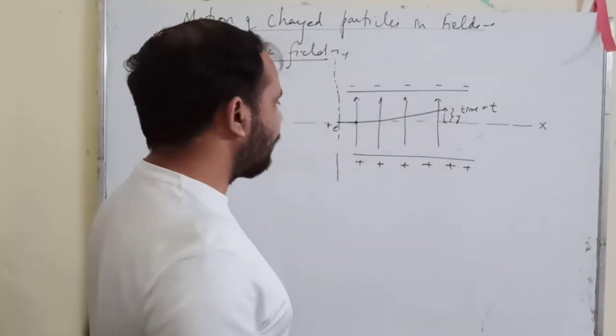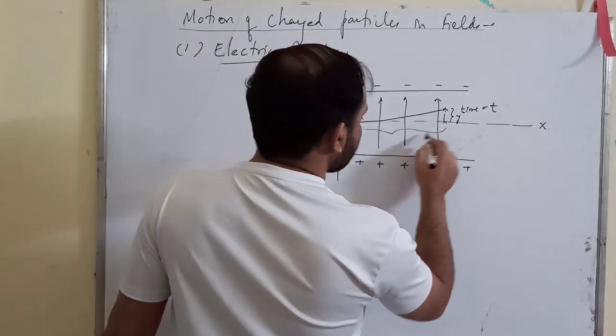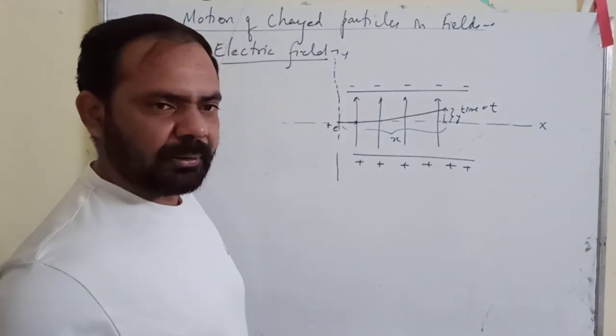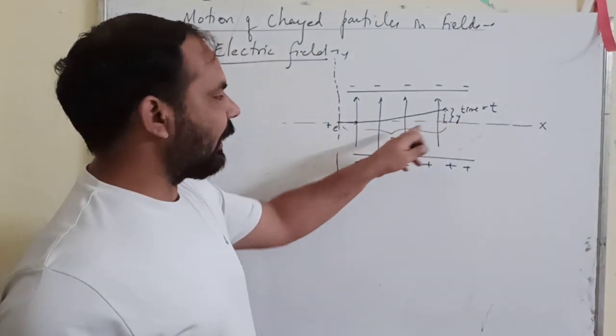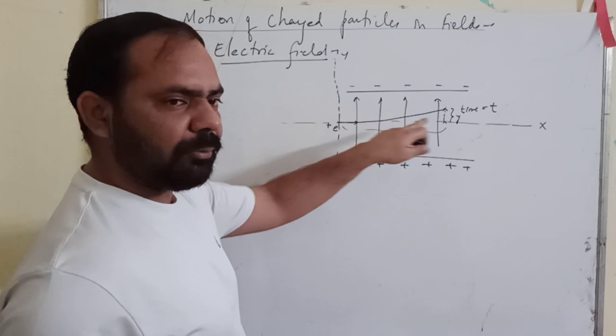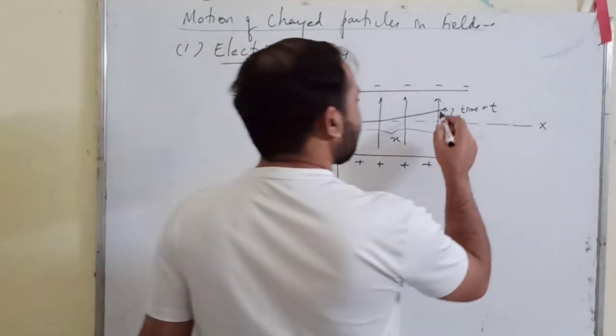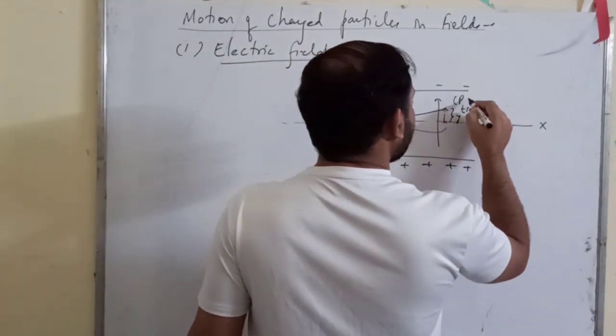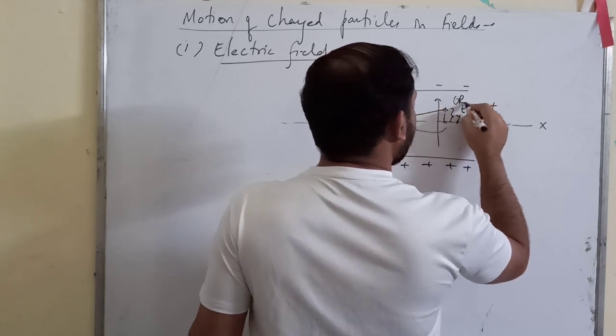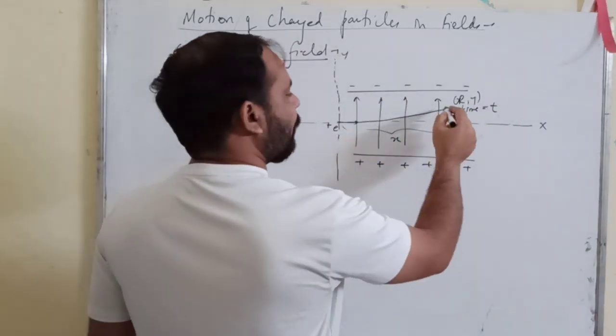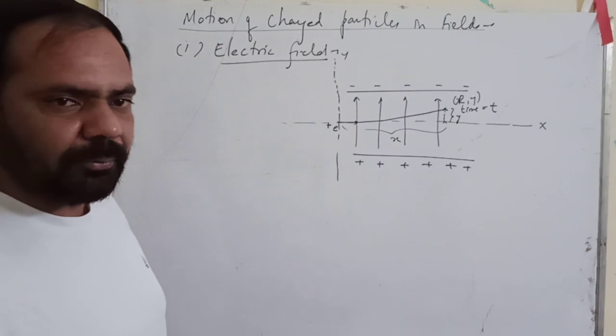This is x, the displacement along x, and this is y, the displacement along y, and therefore the particle is here at P. The coordinates of this point are x comma y.